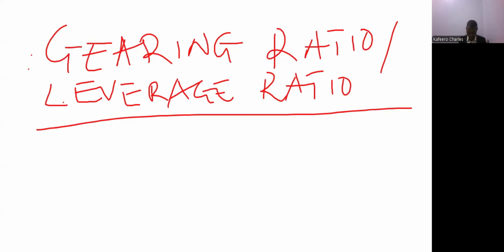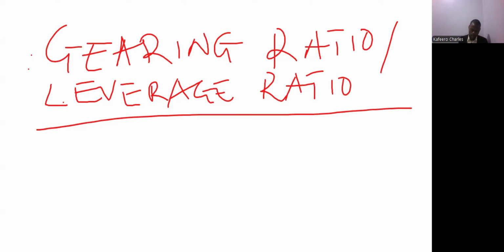We looked at the impact, but we want to first understand what gearing ratio is all about before we can pick a practical question where we shall do a computation about the financial risk, gearing that is related to financial risk. So let's first understand what gearing ratio is. So gearing ratio or leverage ratio.